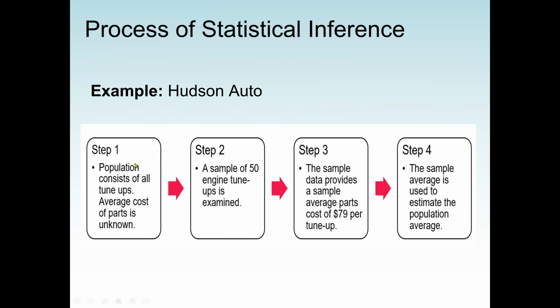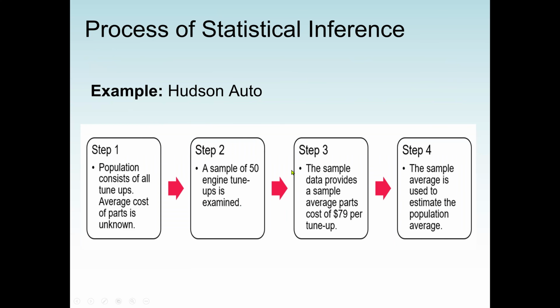So this is the process of inferential statistics. For example, step one, I have a population consisting of tune-ups. Let's say this is a mechanic workshop. The average cost of parts is unknown. So I'll take a sample of 50 engine tune-ups, which is examined. Then the sample data provide a sample average parts cost of 79.